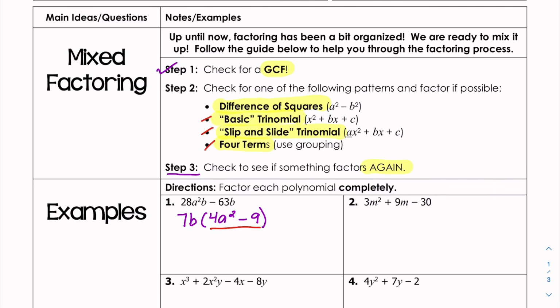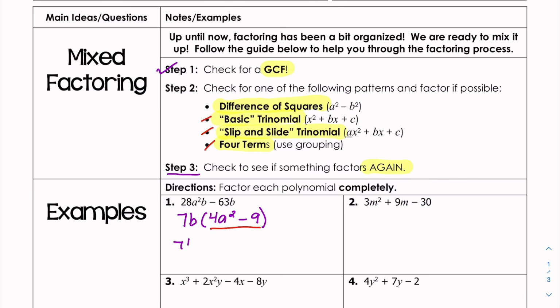It's not 4 terms. So basically we have something with 2 terms. Is it a difference of squares? Can we square root 4a squared and can we square root 9? We can. The square root of 4a squared is 2a and the square root of 9 is 3. So this is a difference of squares, and we want to make sure that we factor that.